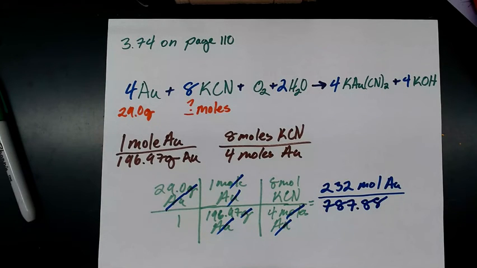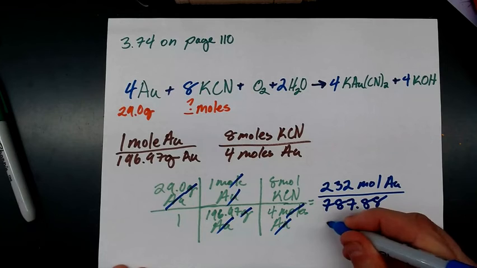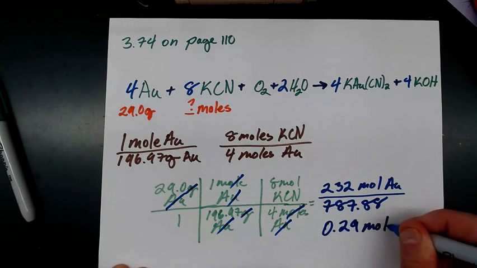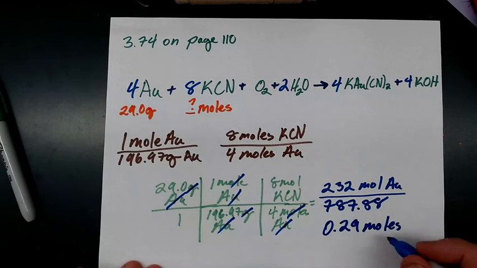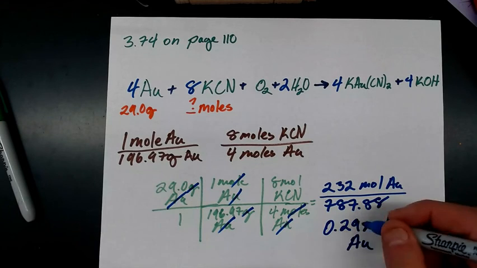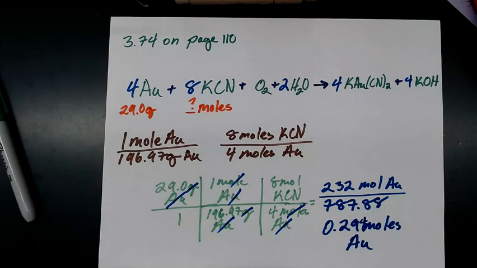And then finally, I'm going to take my 232, divide that by the 787.88, and it's going to tell me that I'm only going to need 0.29 moles of AU. Now, I see I have 3 significant digits there. I should really take this to 3, so it should be a 4 as well. So 0.294 moles of AU.